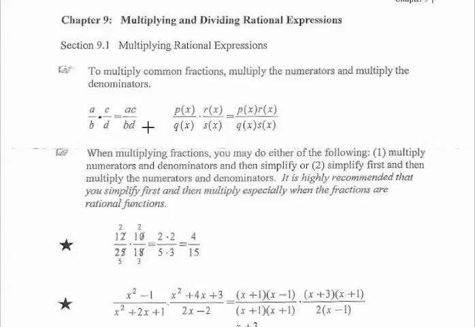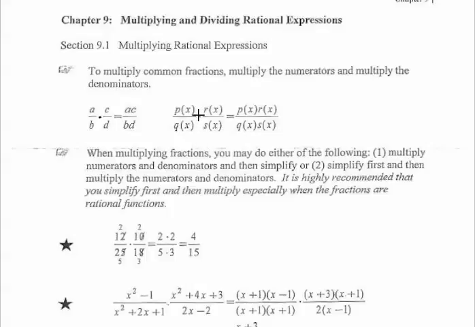Now this goes hand in hand with what we're going to do with polynomials, or rational expressions. In this case, p of x, q of x, r of x, and s of x are all polynomials.